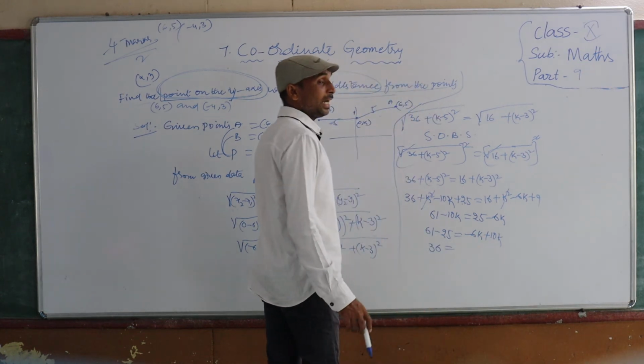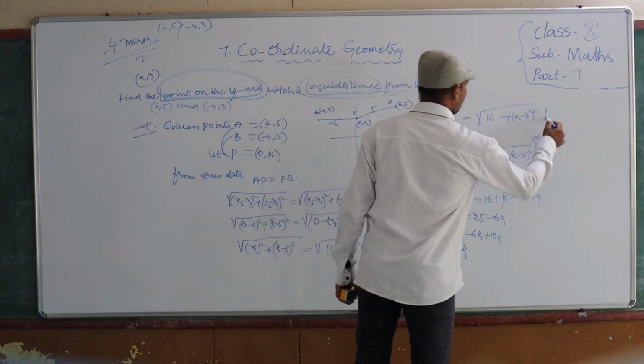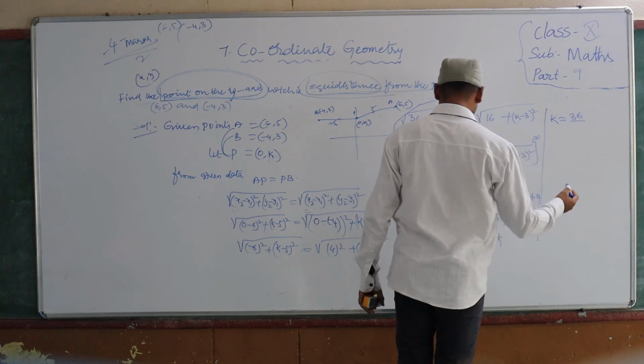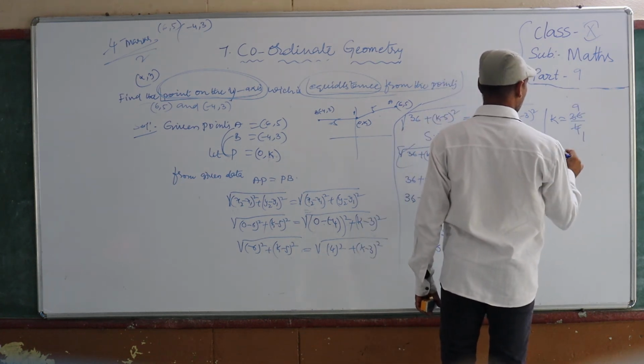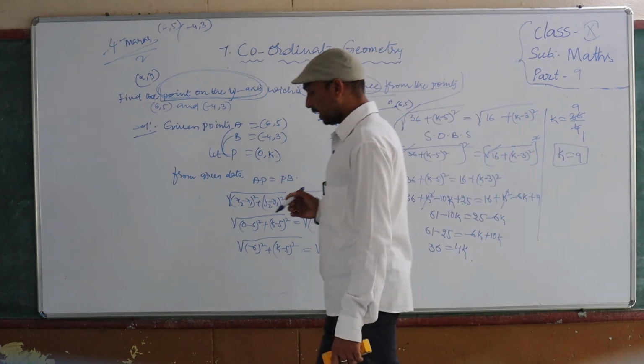Then what will we get? 10 minus 6, 4k. Then k is equal to 36 by 4, four nines are 36. So k is equal to 9.